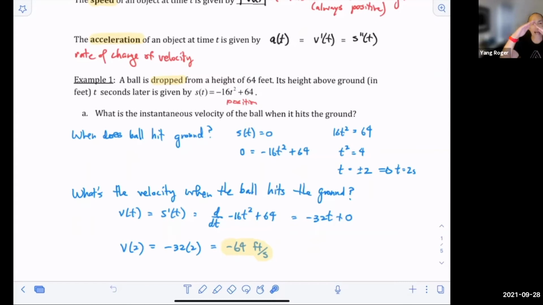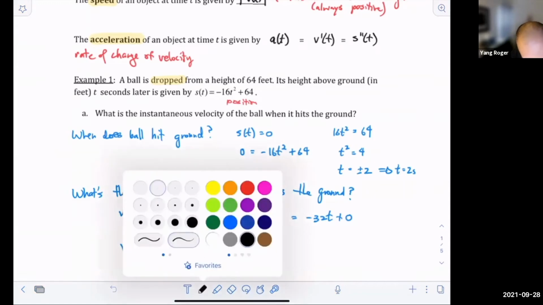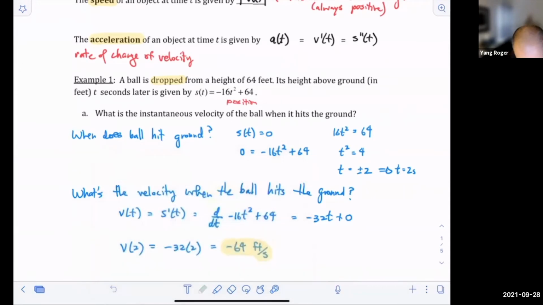So this is a very narrow parabola opening downwards. And then when you look at that 64, it shifts it up 64 units. So if you were to look at a graph of this guy, the graph would look something like this.